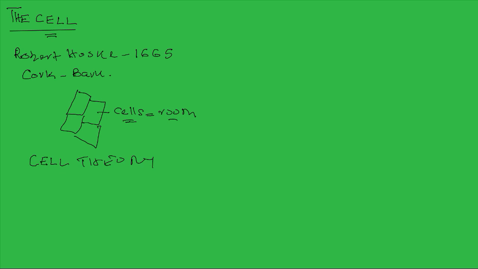Some organisms are composed of only one cell, and such organisms are said to be unicellular organisms, or they are also said to be single-celled organisms.